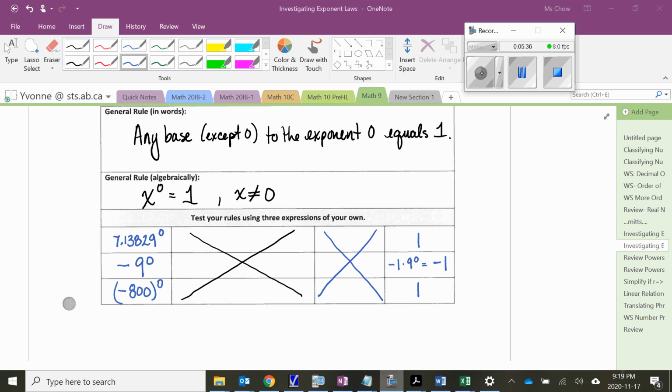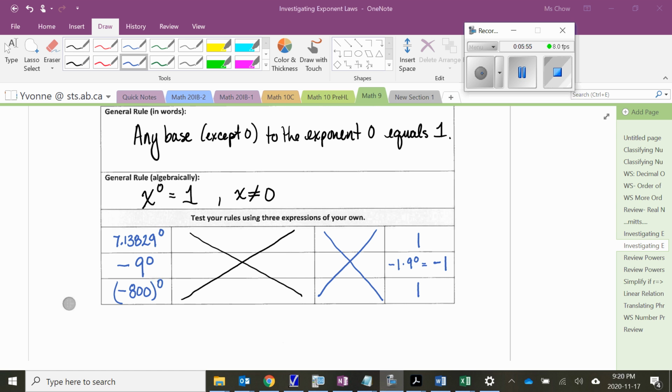Okay, so here are my 3 examples. One, I chose some random decimal and raised it to the exponent 0, and it is equal to, surprise, 1. Next one, a little bit trickier. So -9 to the 0, no brackets.